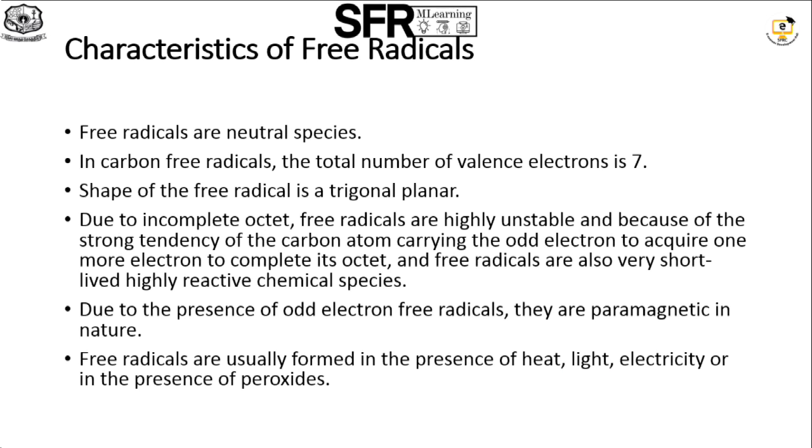Characteristics of free radicals. Free radicals may be neutral or cationic species. The total number of valence electrons is 7, and free radicals may be trigonal planar in shape. Due to the incomplete octet, free radicals are highly unstable, because of the strong tendency of the carbon atom carrying the odd electron to acquire one more electron to complete its octet.